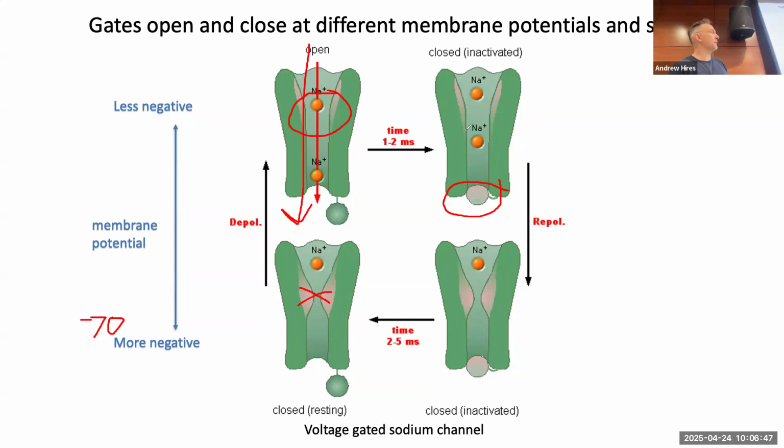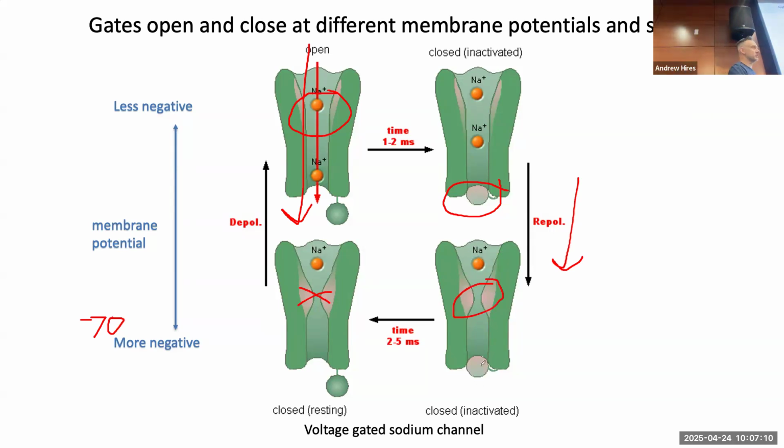That's going to stop the sodium ions from flowing, and then the cell will tend to repolarize, decreasing the membrane potential because we are now reducing the permeability of the membrane to sodium. That's going to then close this activation gate, so now it's blocked in two different ways.